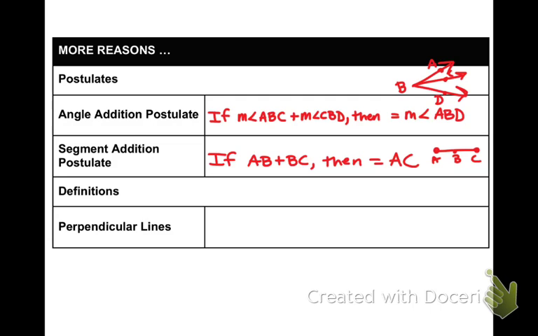You actually use them. Okay, perpendicular lines. What are perpendicular lines? If lines are perpendicular, then what? Is everybody okay with me using the symbol for perpendicular instead of writing it out? I'm going to be doing that a lot this year. I'm just going to use symbols. Lines are perpendicular. Remember, this means perpendicular.